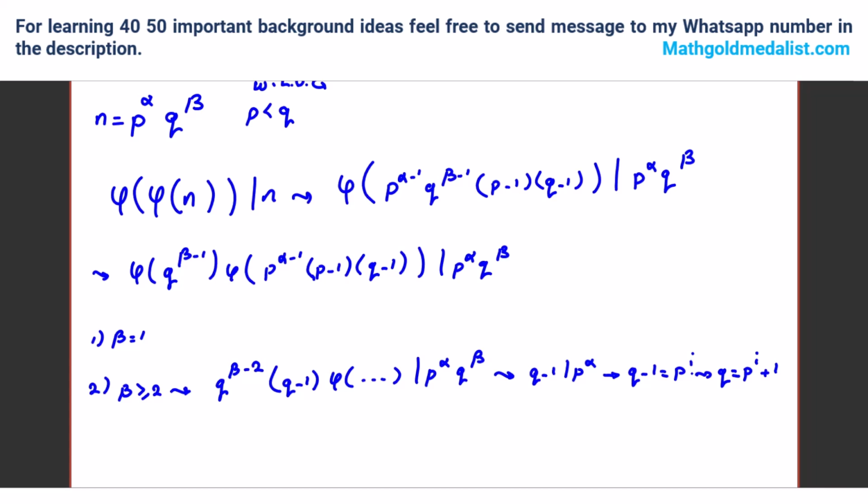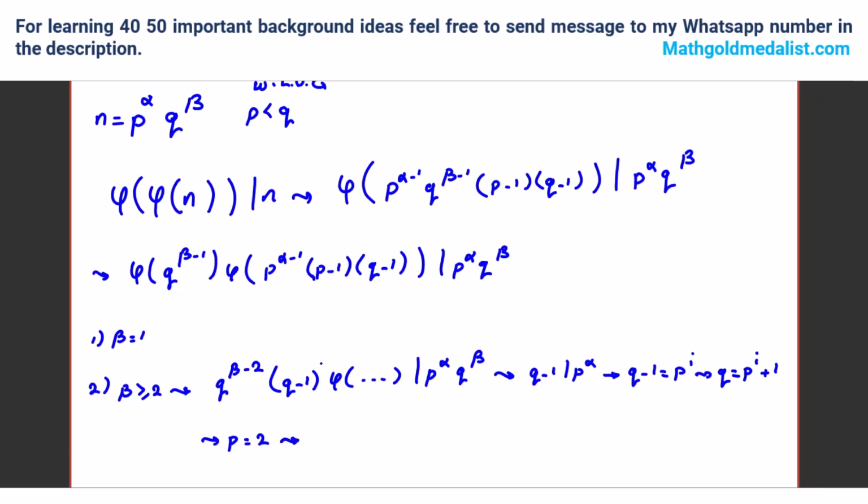You can simplify the other phi, or phi of P raised to alpha minus 1 times P minus 1 times Q minus 1. Pay attention to parity and this equation. Oh, even odd, so P is 2. P has to be 2, right? Q not 3 necessarily, because maybe 4 plus 1, 5, right? Or for example, 16 plus 1, 17. Yeah, lots of cases. So P is 2.